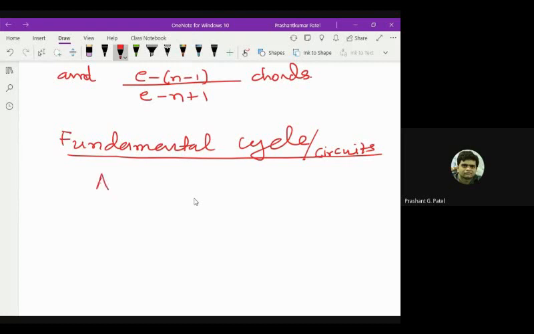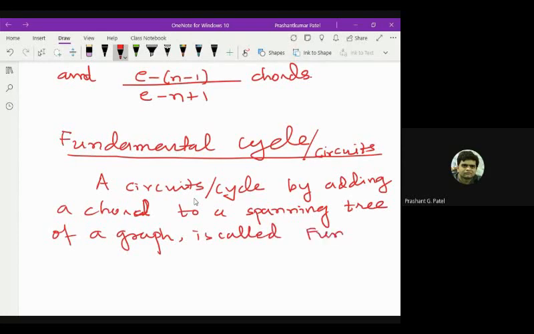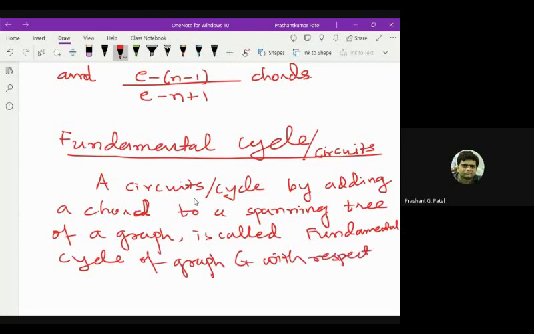What I'm saying is, by adding a chord to a spanning tree of a graph G, it's called a fundamental cycle or circuit of the graph G with respect to that spanning tree, whichever spanning tree you have found.